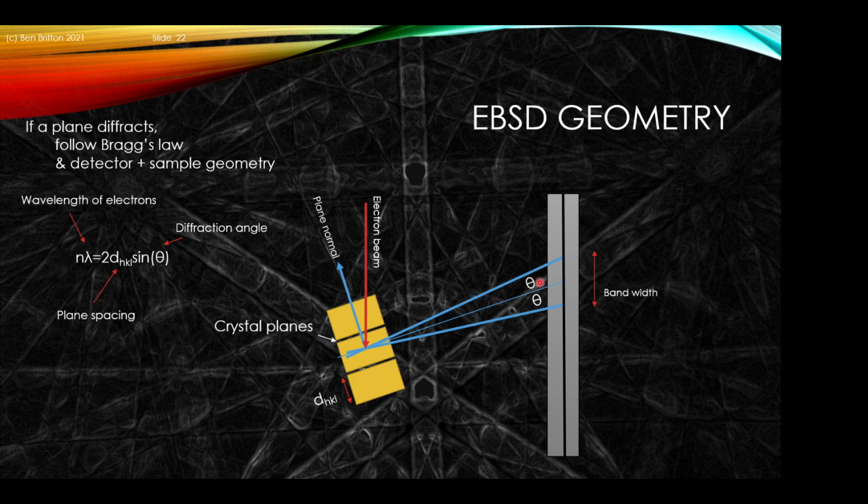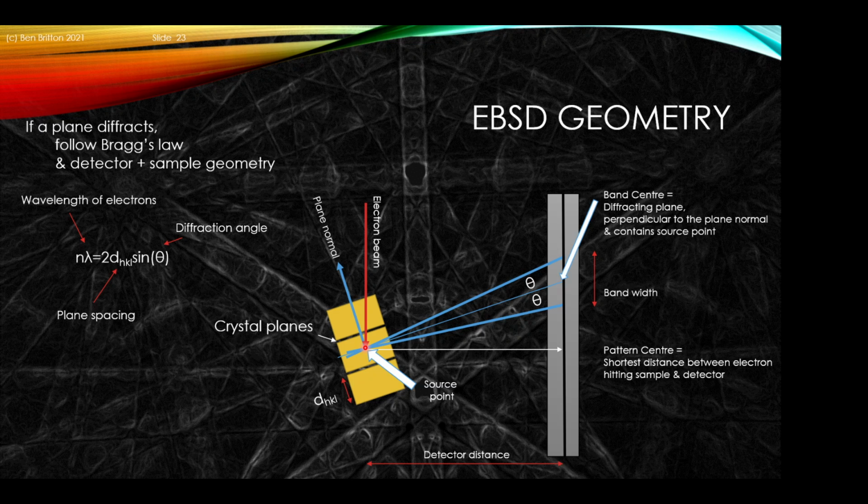That bandwidth is the 2 theta angle, and the center line of this diffracting plane contains effectively the source point position, i.e. where the electron hits the sample, and it contains effectively the perpendicular of the plane normal, and that's the trace of that center line that is inscribed on our imaging screen.